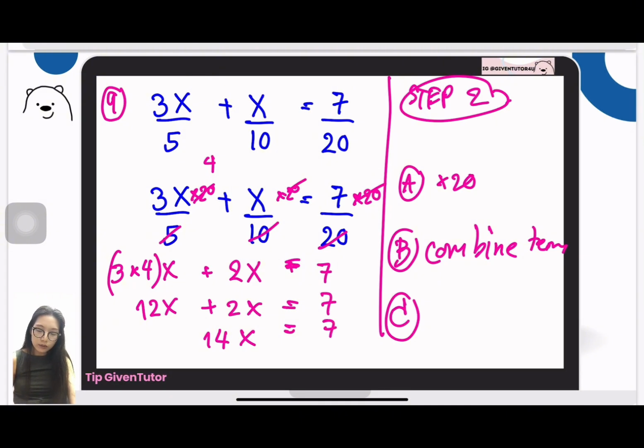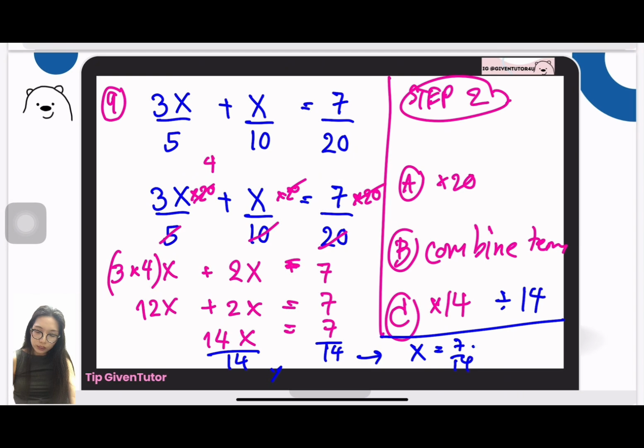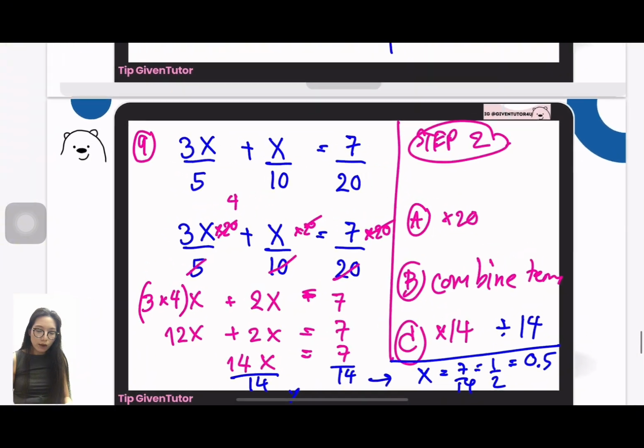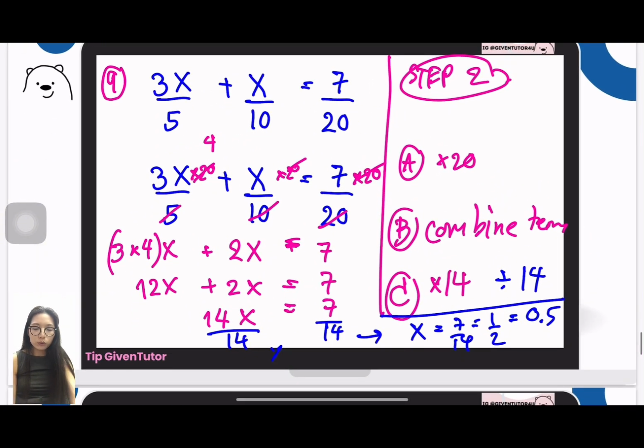And then 7, right? So it is multiplied by 14, and in reverse we will divide by 14. So divide by 14 in here, and you will get x equal to 7 over 14, or equal to 1 over 2, or 0.5 in here. So this is after you know how to combine the terms.